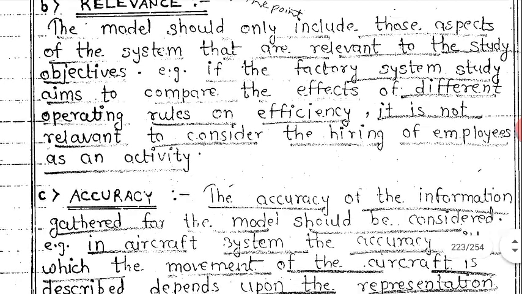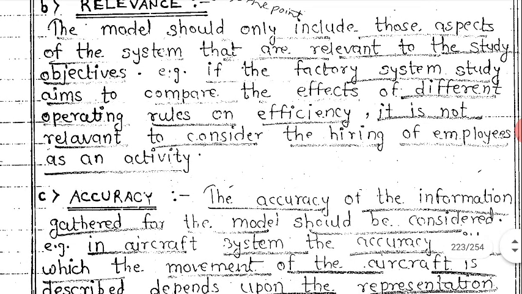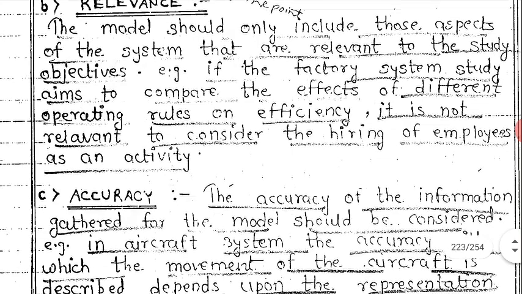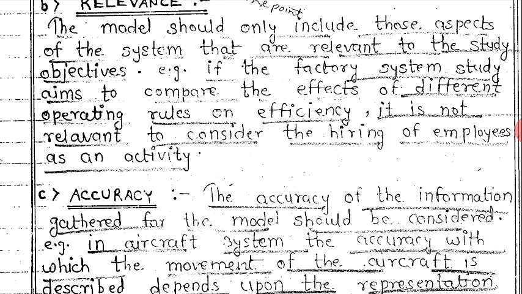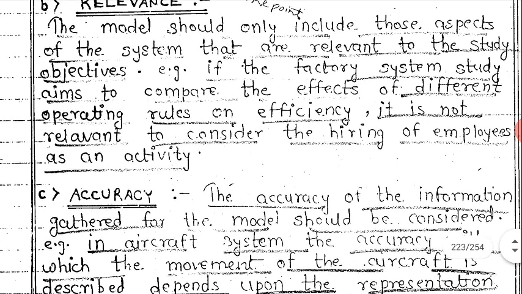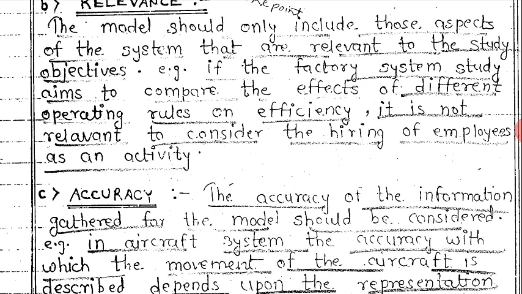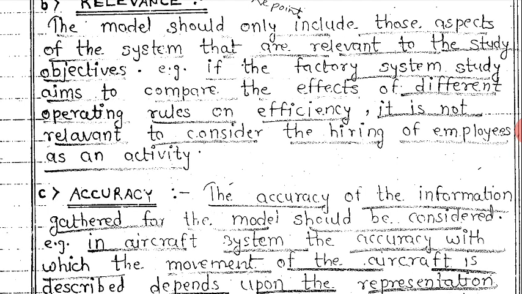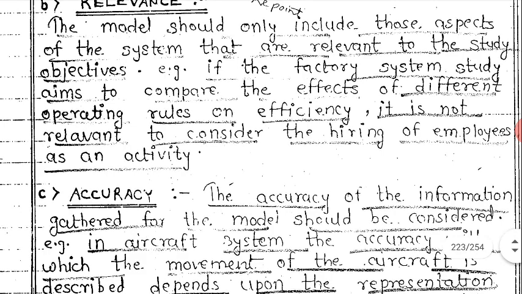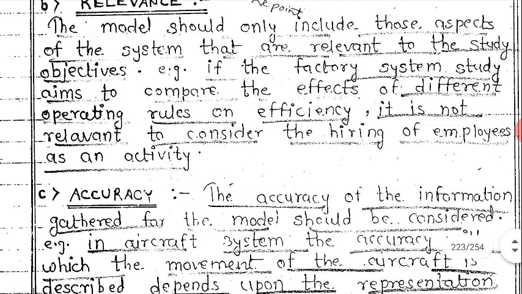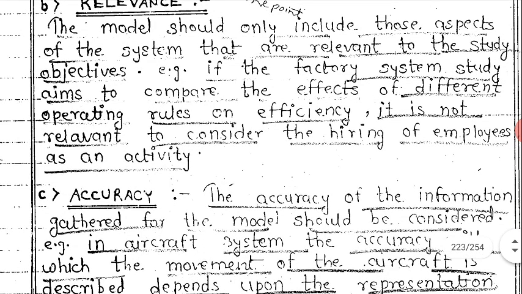If we consider, say, a factory system, and we are studying it with the aim of increasing the efficiency of the plant, or comparing the effect of different operating rules on efficiency, then we will not consider the hiring of employees or any other tasks other than the aim of our objectives.